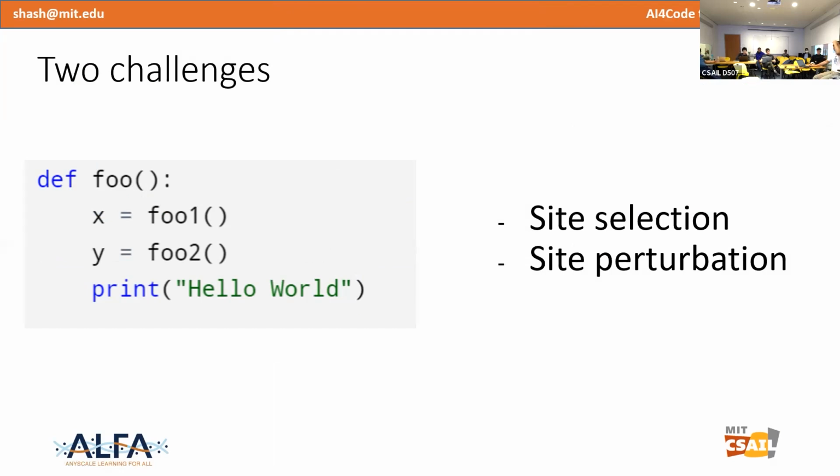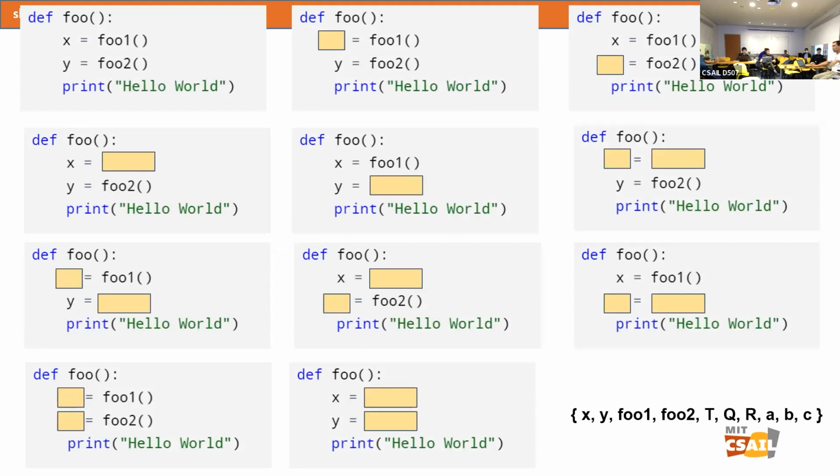I won't get into how we tackle it, but rather the big picture of understanding that there are 2 subproblems within this. One subproblem is the site selection problem, where you need to figure out which of these 4 possible sites you should perturb and transform.